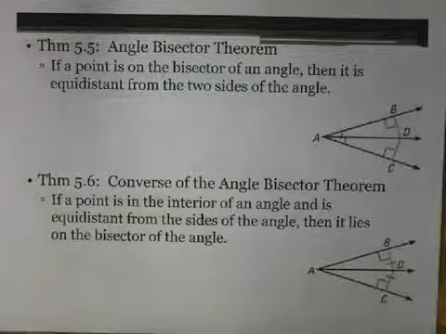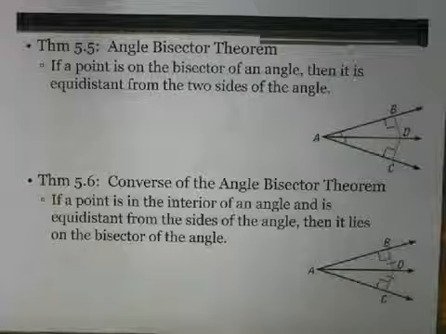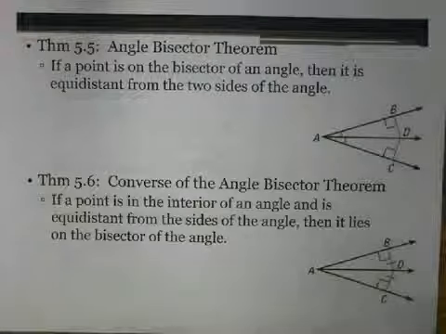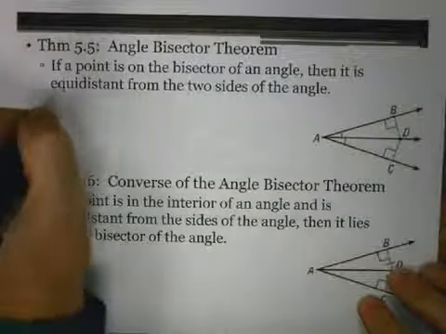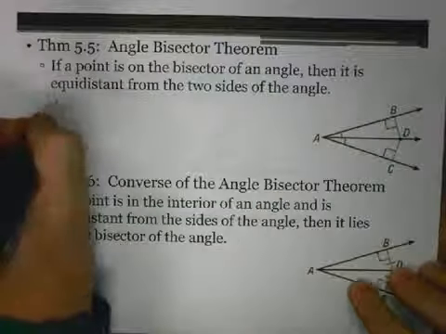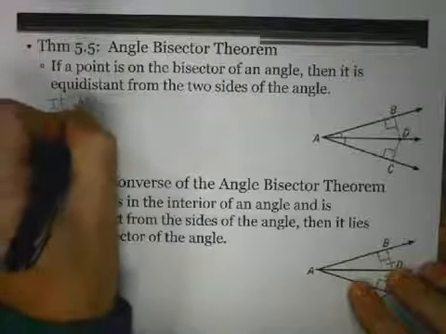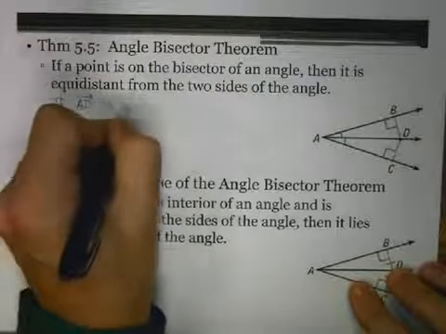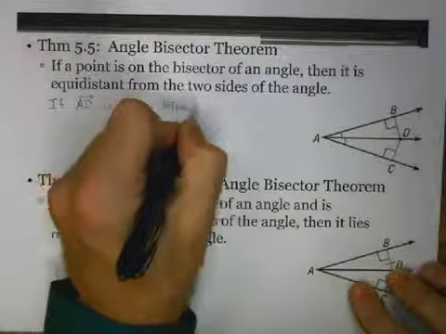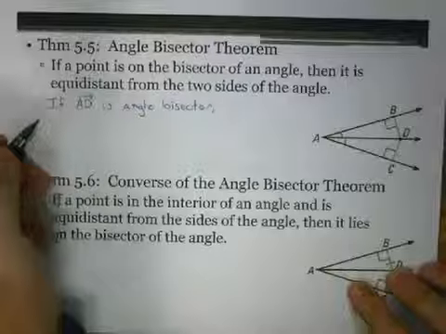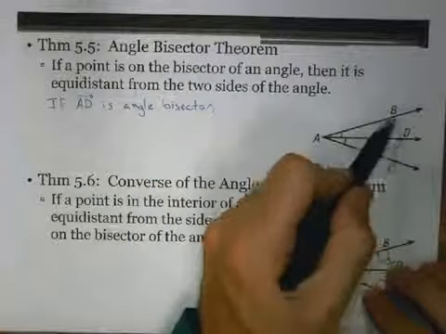And that says if a point is on the bisector of an angle, then it is equidistant from the two sides of the angle. If we look at our diagram to the right here, the point we're talking about is D. So instead of saying D is on the angle bisector, let's just say if AD is an angle bisector, then it is equidistant from the two sides of the angle.